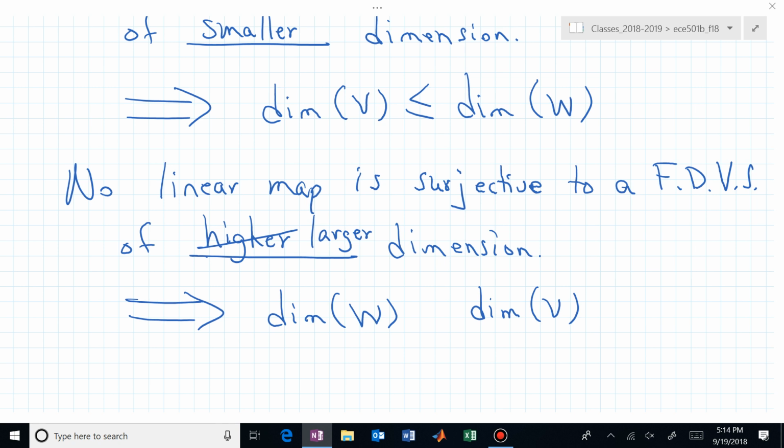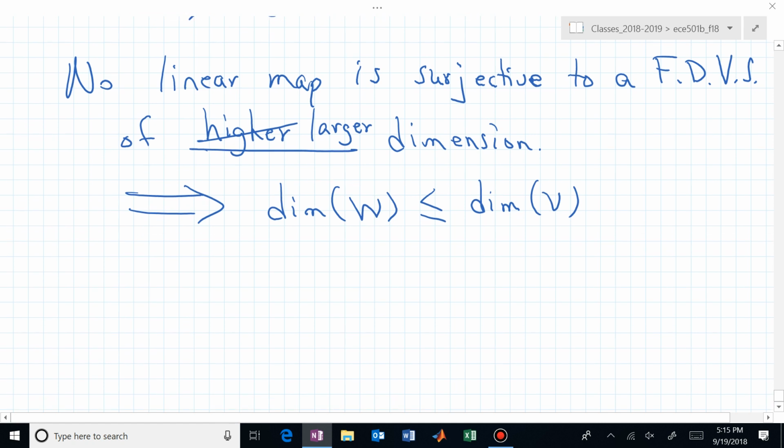So now we're saying that no linear map is surjective to a finite dimensional space of larger dimension. So this now, W, needs to be what? This has to be smaller than or equal to the dimension of our input vector space.